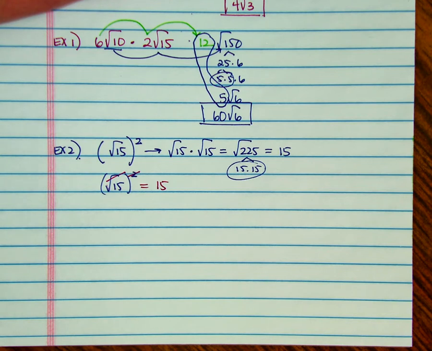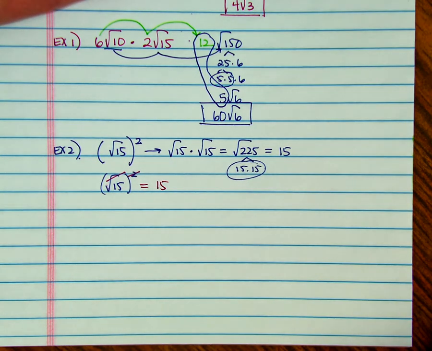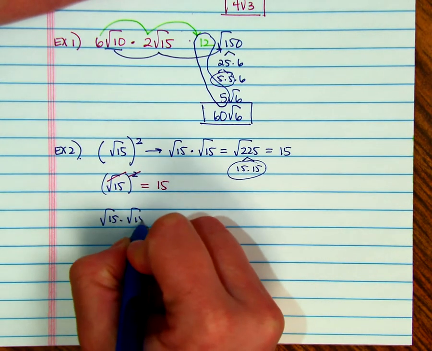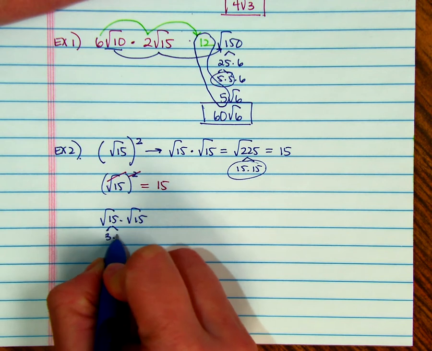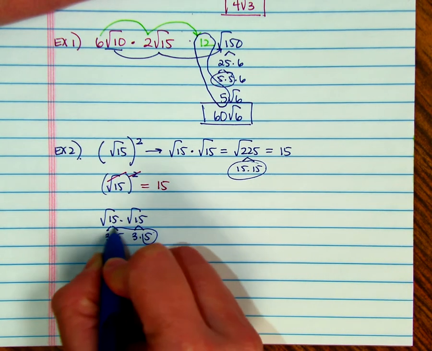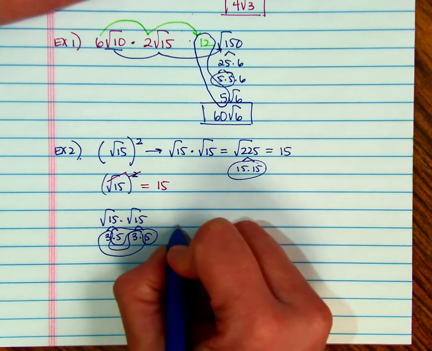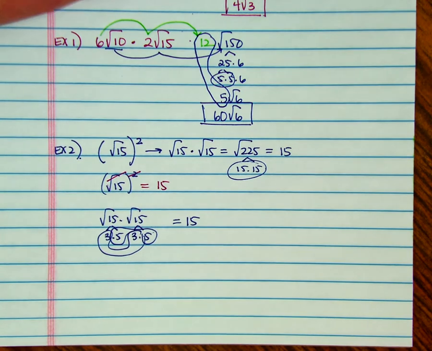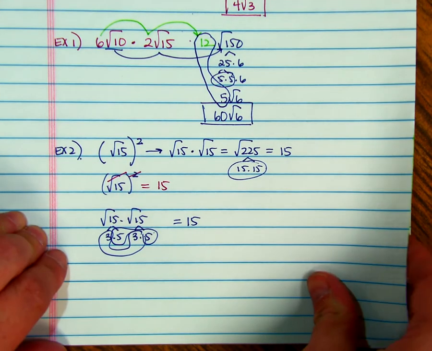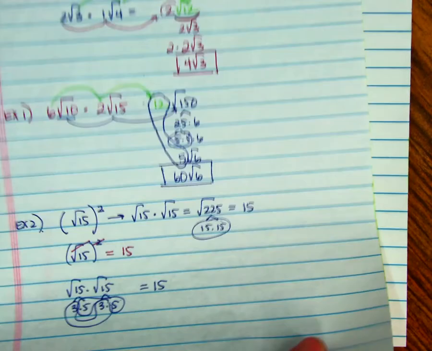Another way of doing it: you could have at the same time done square root of 15 times the square root of 15 and broken down your pairs, circled your pairs, take one number out from each pair and you still get a 15. So there's three ways of thinking about doing the same exact problem. You need to think about what squaring actually means.